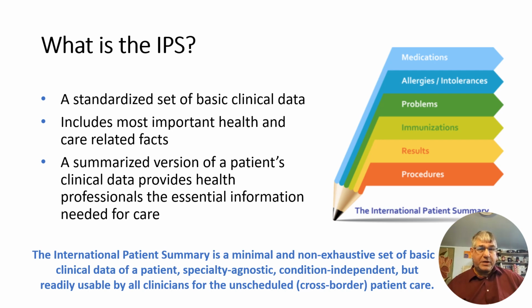The International Patient Summary is a minimal and non-exhaustive set of basic clinical data about the patient. It is specialty agnostic, condition independent, but readily usable for all clinicians for unscheduled cross-border patient care.